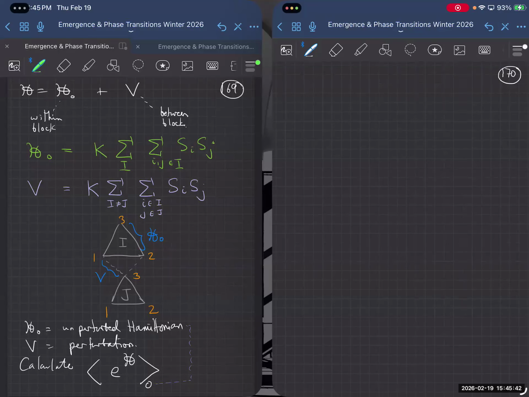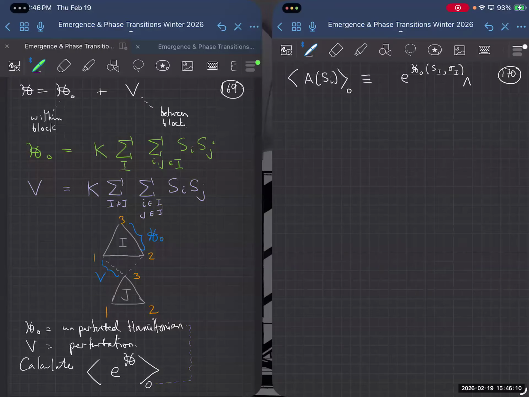So let's suppose I have some object that depends on my microscopic spins, and I want to compute its expectation value with our unperturbed Hamiltonian. What I mean by that is that this thing is defined to be the following: e to the H naught, and H naught now depends on the block spins and the microscopic spins.